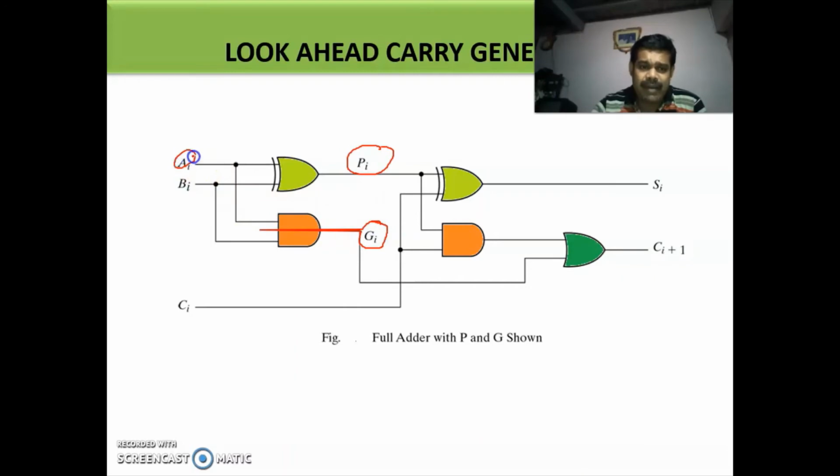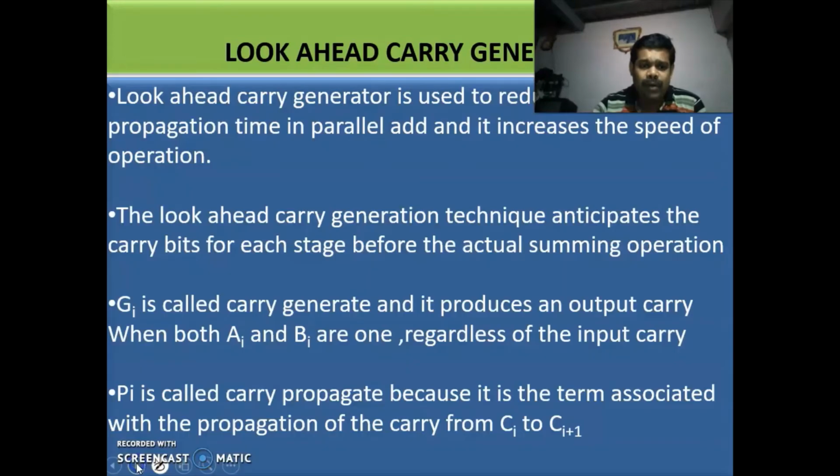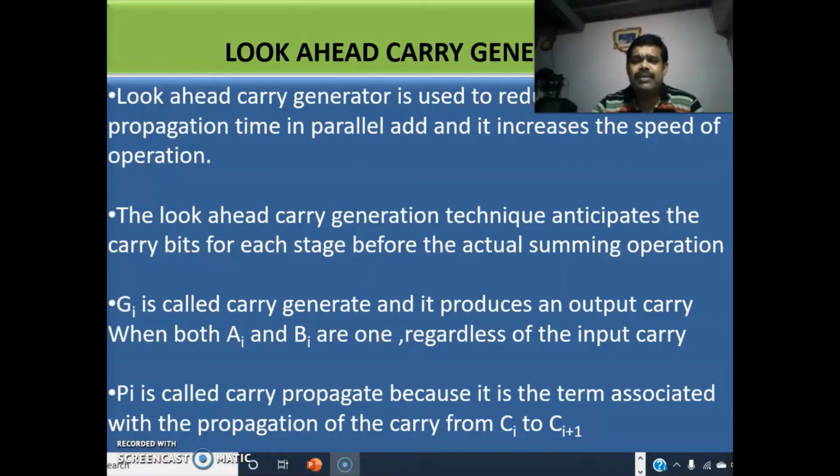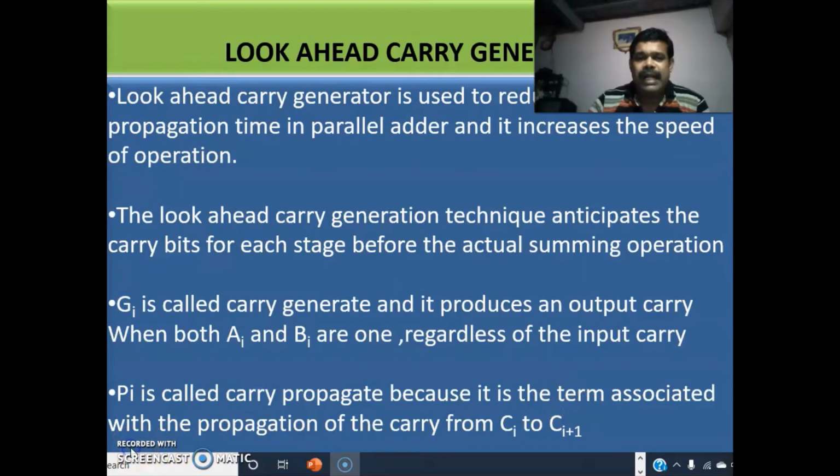Ai, Bi and Ci are the inputs, Si is the sum, and C(i+1) is the carry out. Now the look ahead carry generator is used to reduce the carry propagation time in the parallel adder, and it increases the speed of operation.